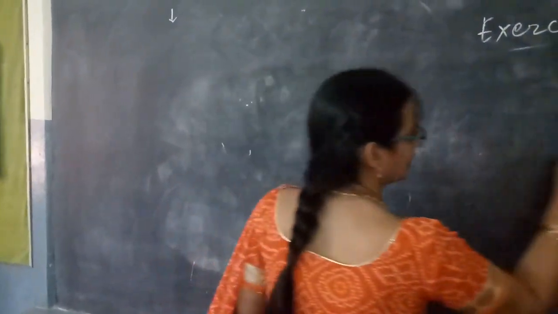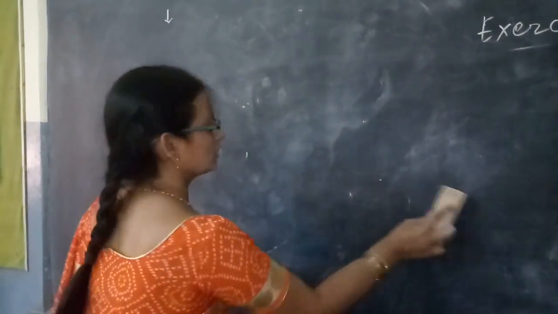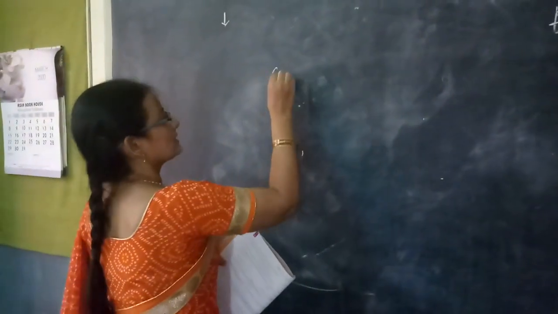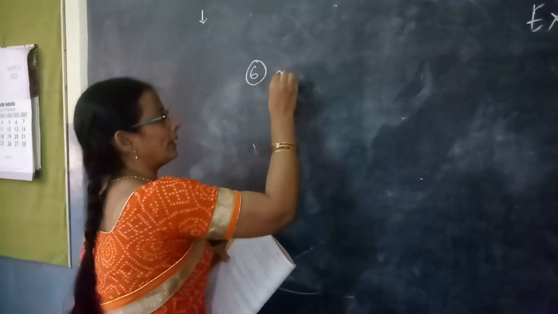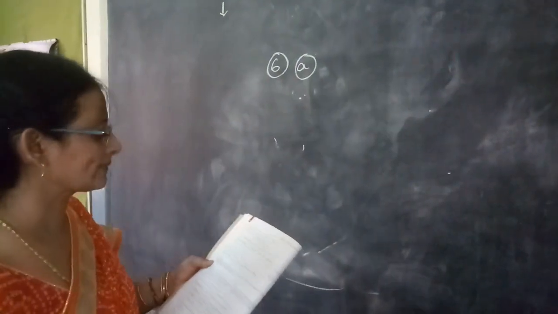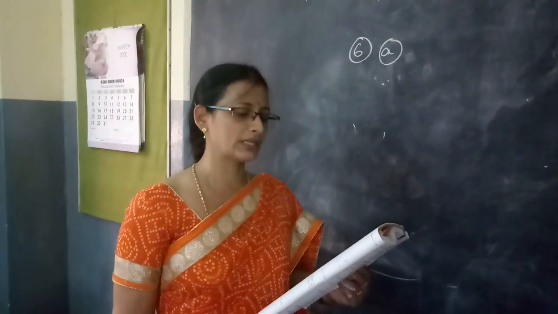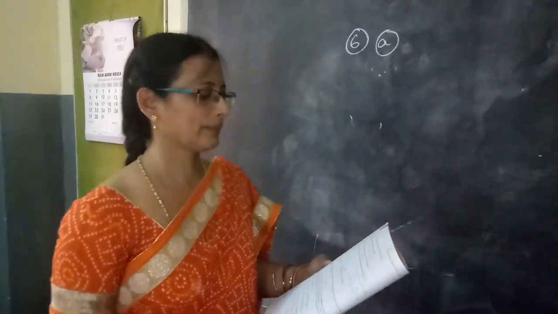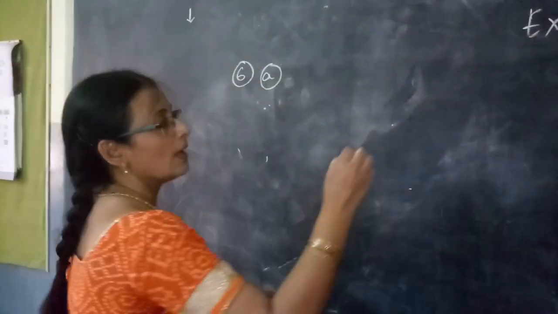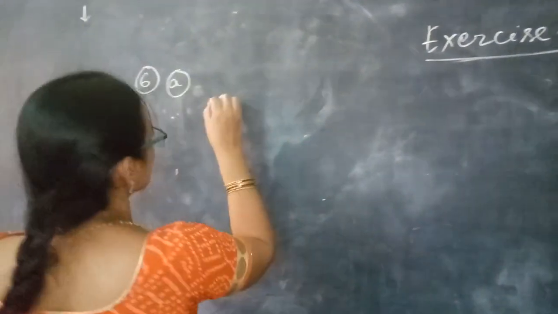Sixth one is very important. All of you concentrate and see. Sixth question. What rational number is represented by the point A? You have to write down what rational number the point A represents.